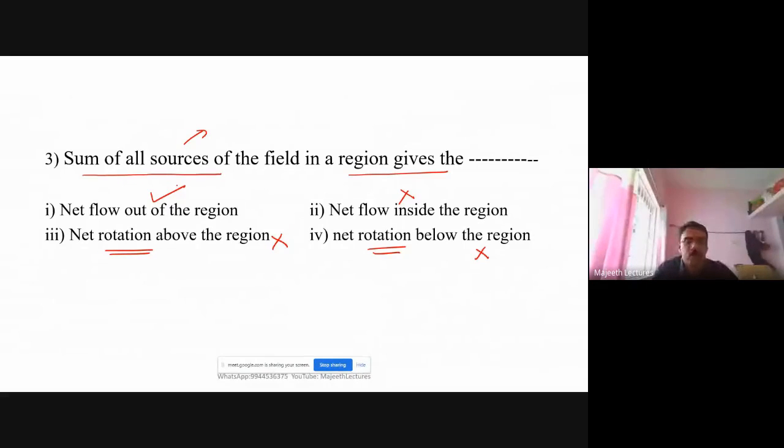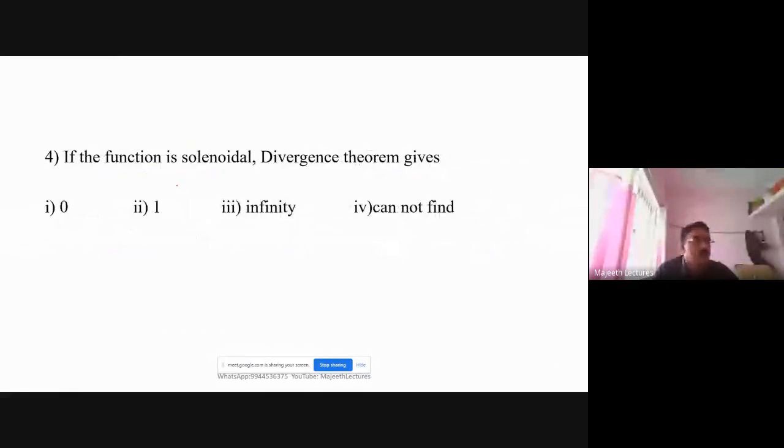Fine? Okay. Next one. If the function is solenoidal, divergence theorem gives. So first we must know what is solenoidal and irrotational. We know del dot A is divergence. If divergence is 0, that is del dot A is equal to 0, it is solenoidal. This question they have asked in GATE exam.